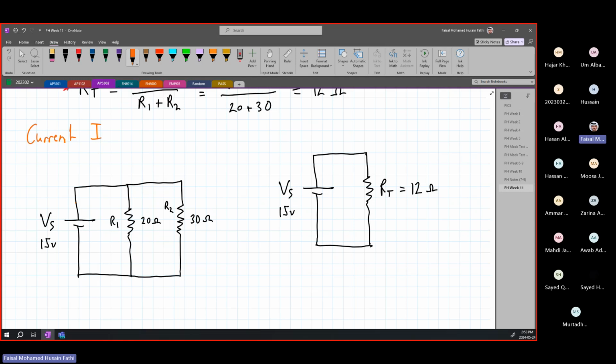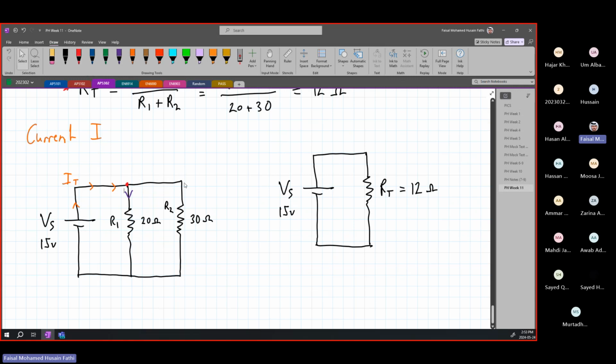Why? Because let's say that this is the current that is leaving the battery. Let's call it IT, or I total. This is the total current that is leaving the battery. When it comes here, it is going to split into two directions. When it comes to this point, it is splitting the current.